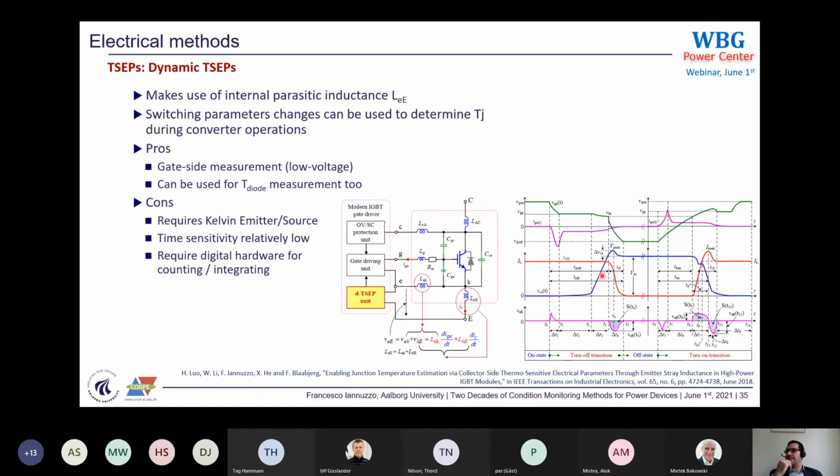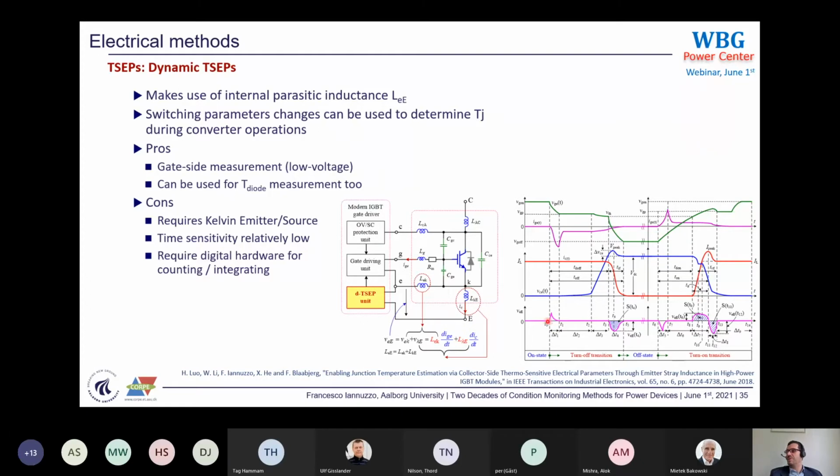This is, by the way, gate voltage in green, and this is gate current. The interesting thing is that you have a current through this inductor at times which are different from when you have a current through this inductor. So they are separated in time.